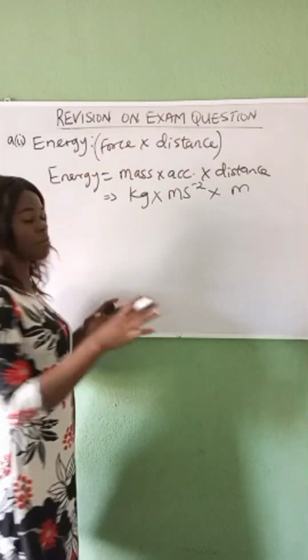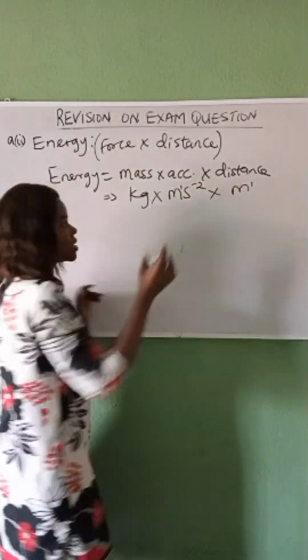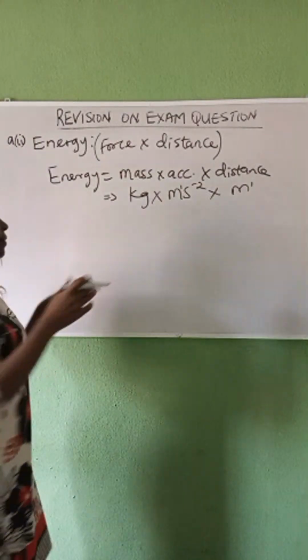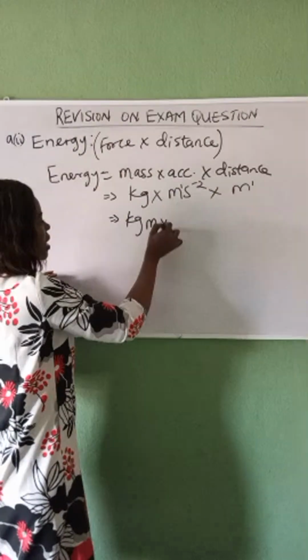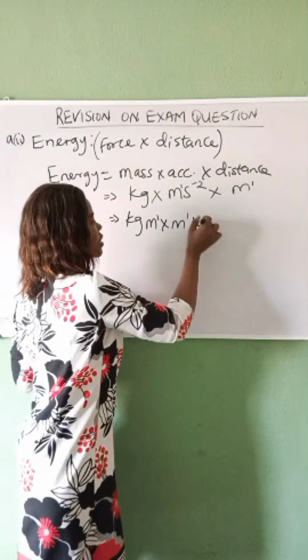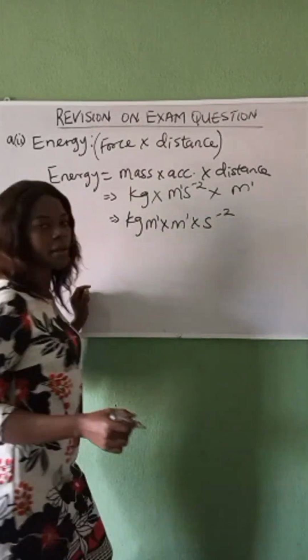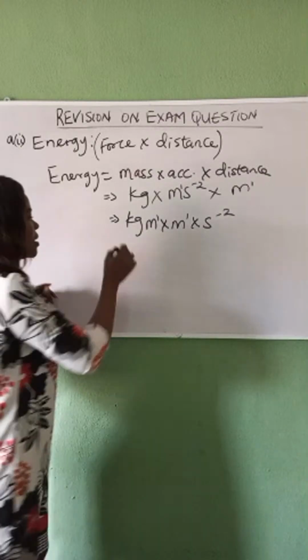Now, from the law of indices, this one has a power of 1 and 1, right? Let's bring them together by saying this is kilogram, meter multiplied by meter. This is power 1, right? Then multiplied by second square. Now, I'm going to use the law of indices to add these two together.